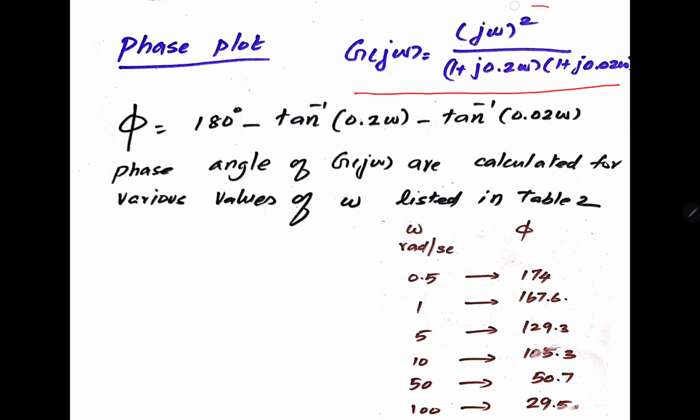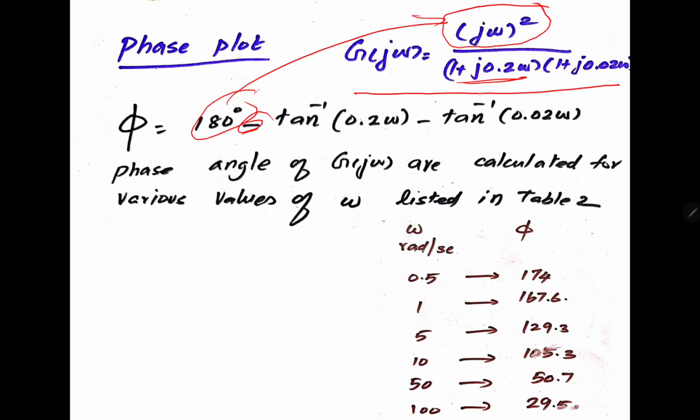In this case, we have j omega squared in the numerator, so 90 degrees plus 90 degrees is 180 degrees. The second term is 1 by 1 plus j 0.2 omega. Here it is in the denominator, so we have to put minus.